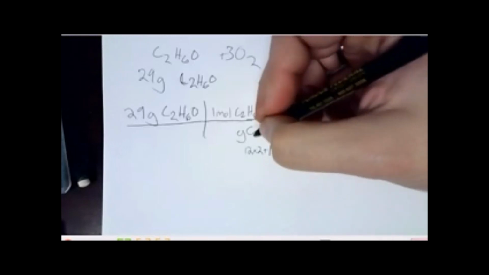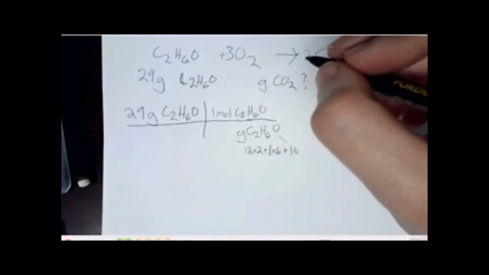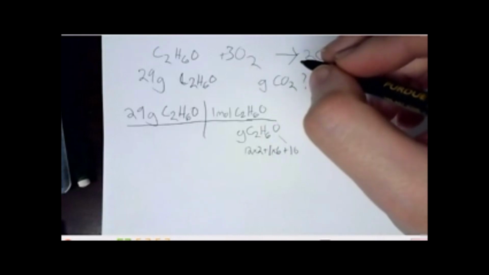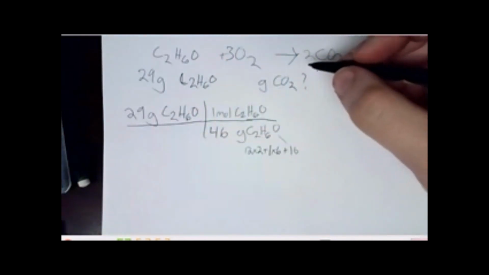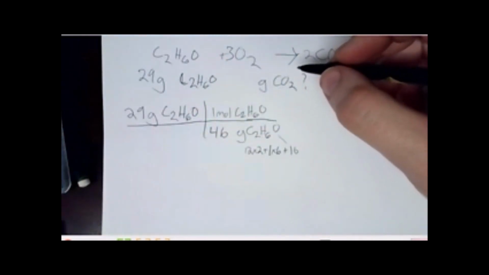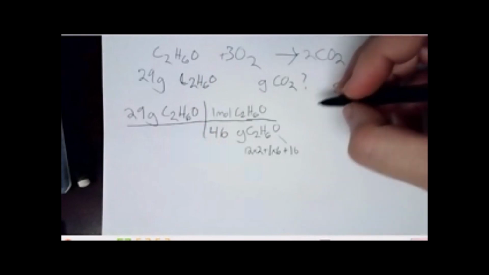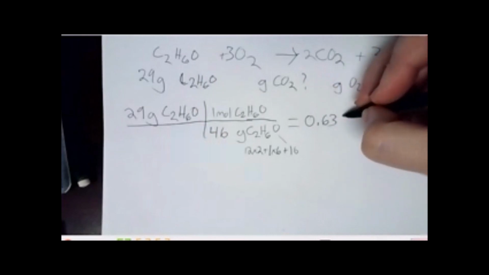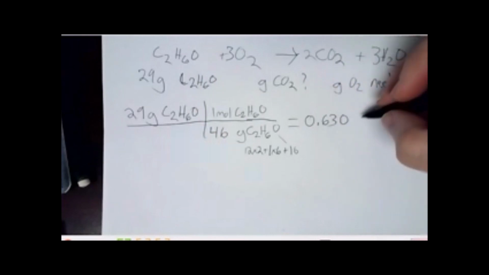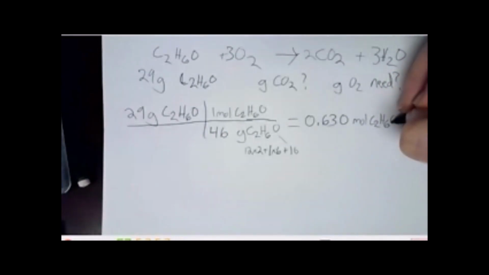Oxygen is 16. So 16 plus 24 plus 6 is 46 grams. So 29 divided by 46 is 0.63, we'll say, moles of ethanol. So this number will not change regardless of what I'm looking for.